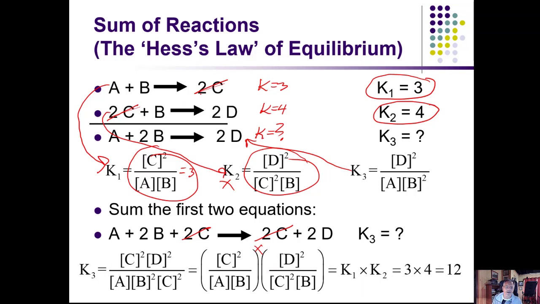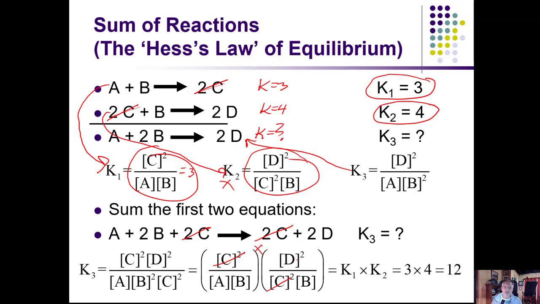Now, you've seen that I've tried to cancel those two C's a couple of times, and finally I'm going to get to do it here. The two C squareds go. Whether you cancel them up here or down here, for the purposes of seeing what's happening, we're going to do this.